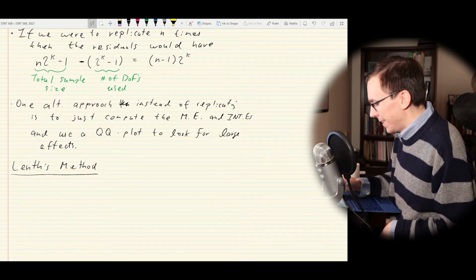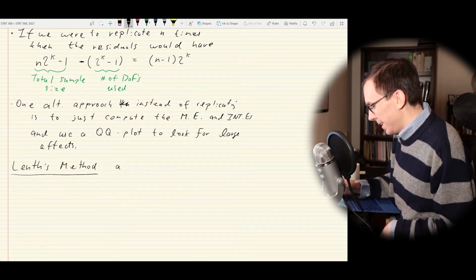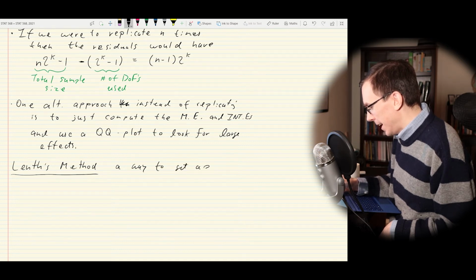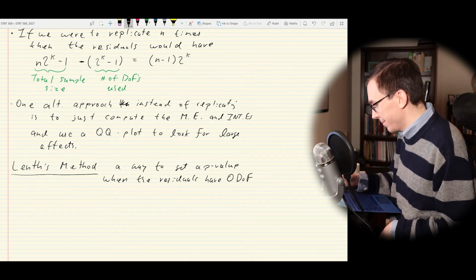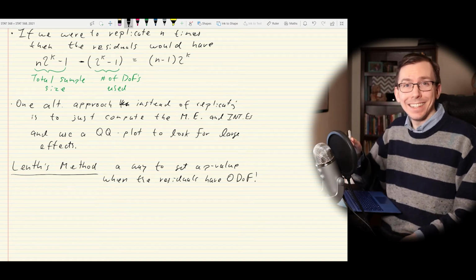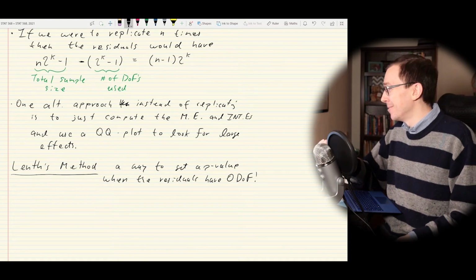So Lenth's method is a way to get a p-value when the residuals have 0 degrees of freedom. So that's kind of neat that that's actually possible.